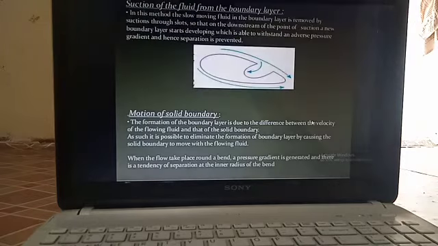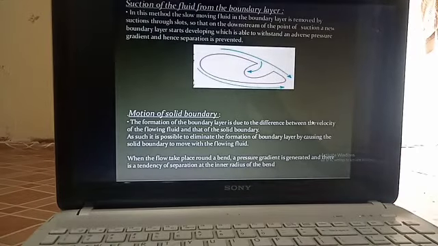The second method is suction of the fluid from the boundary layer, where we suck the slowly moving particles through the slots, so that downstream of the point of suction a new boundary layer starts developing, which is able to withstand an adverse pressure gradient, and hence separation is prevented.